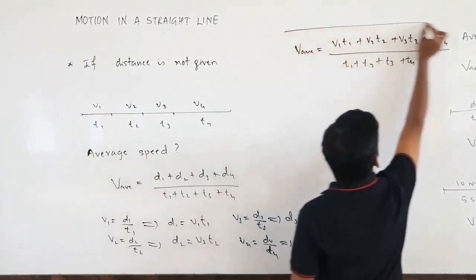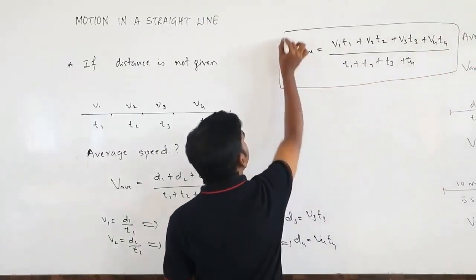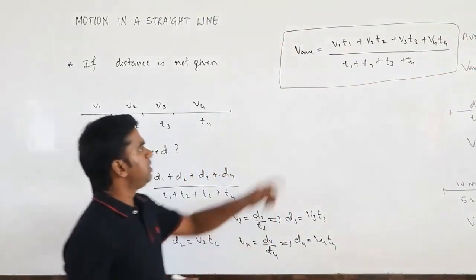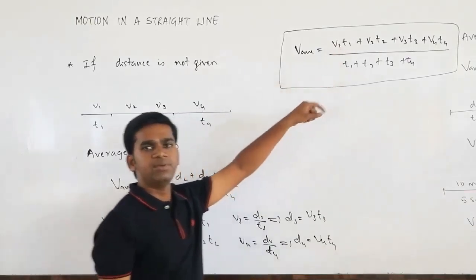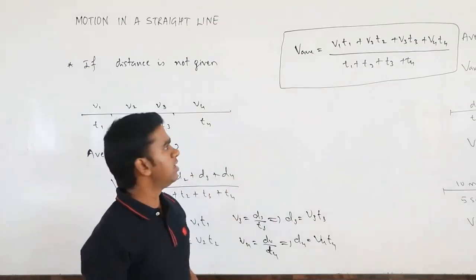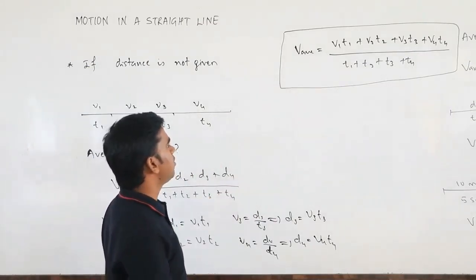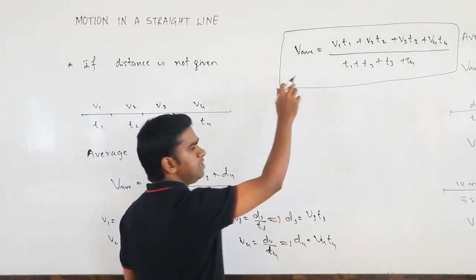So this is the average speed only in terms of time and velocity. Distance is not going to be in the equation. This is what they call the time averaged speed.